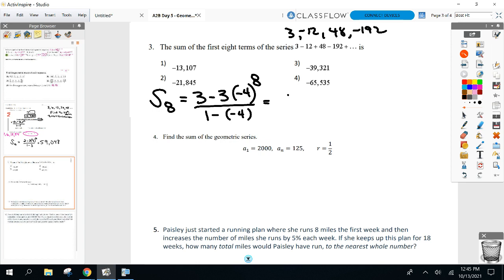The answer is choice 3, negative 39,321. Again, if you hit desperation mode, go right out the full sequence of 8.